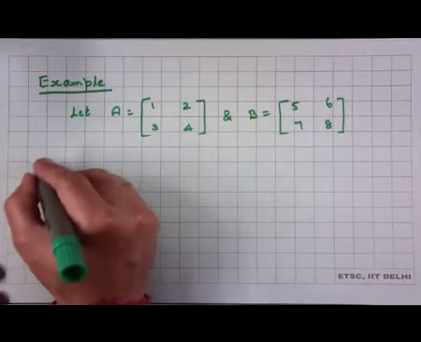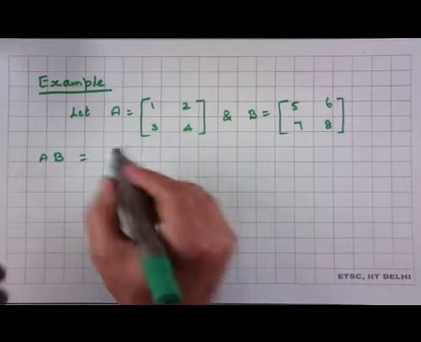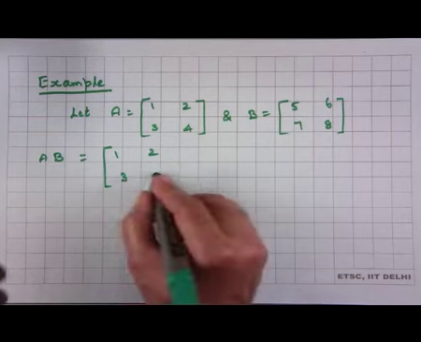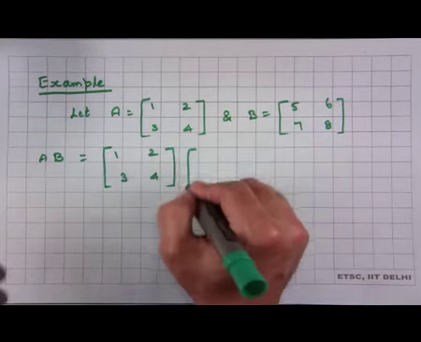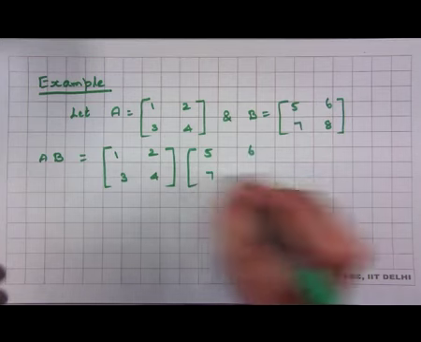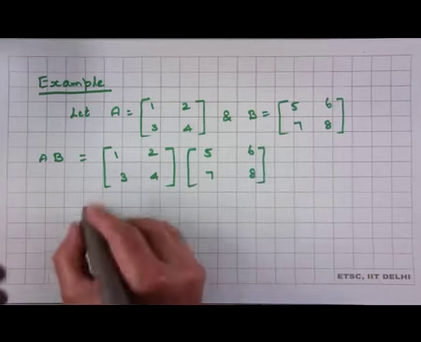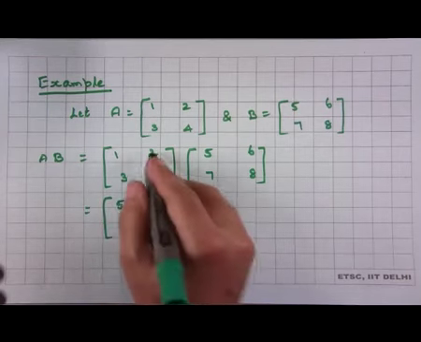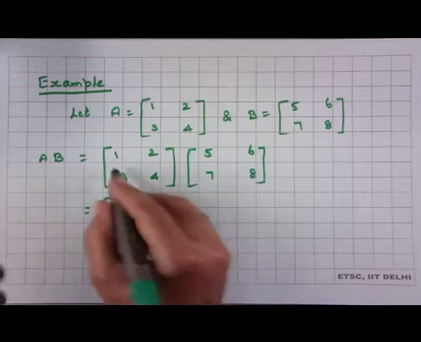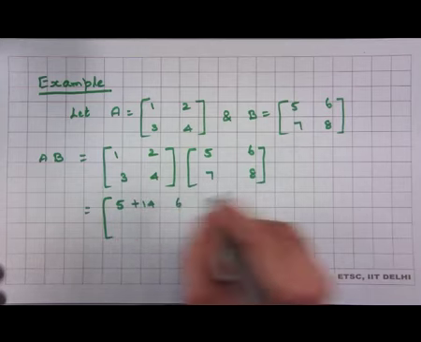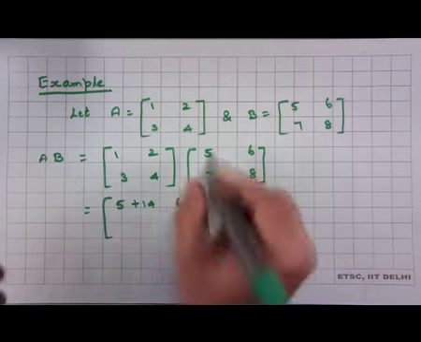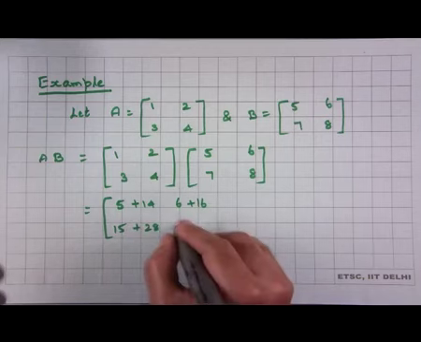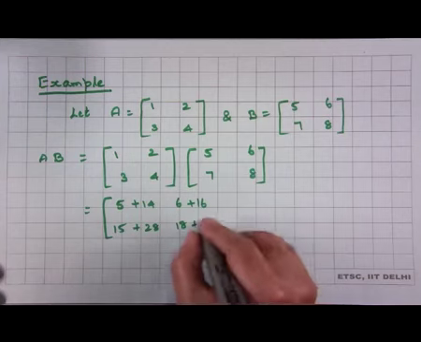Now, let us try to compute AB, which is [1, 2; 3, 4] times [5, 6; 7, 8], which is equal to 1 into 5, 5, 7 into 2, 14, so 5 plus 14; 1 into 6, 6, 2 into 8 which is 16; 3 into 5, 15, 7 into 4, 28; 3 into 6 which is 18 plus 4 into 8 which is 32.